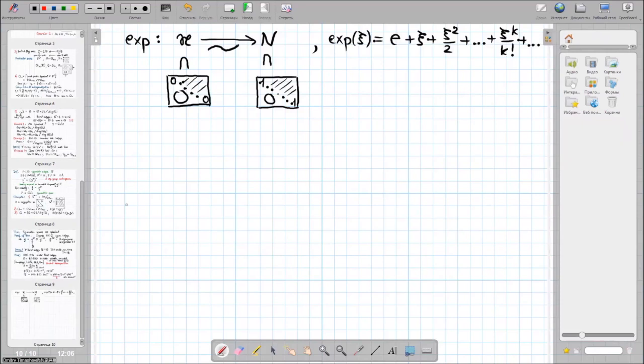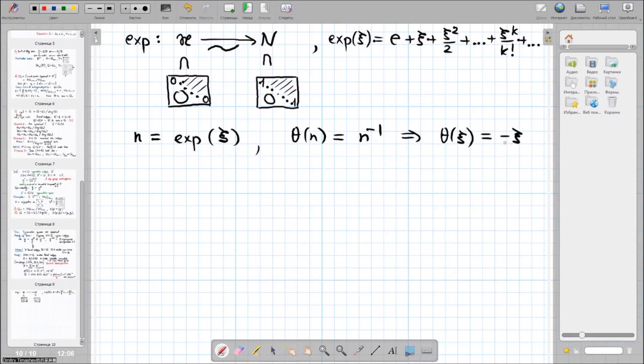So now we have this element n, which is an exponential of some xi. And since n is taken by theta to n inverse, we get that the differential of theta takes psi to minus psi.